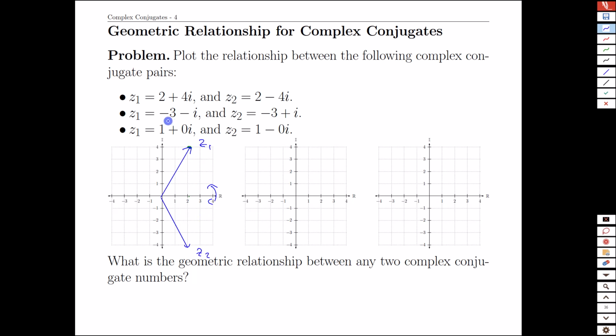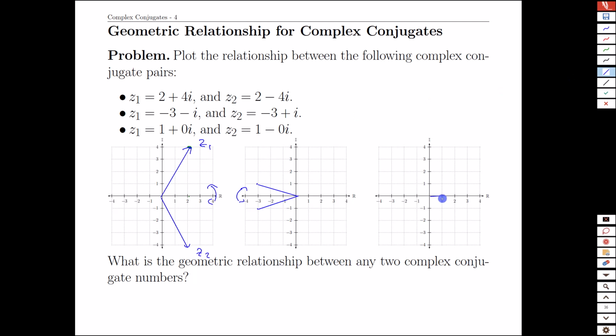And does that happen for all these cases? Of course it does, because we're only ever flipping the sign of the imaginary part. If we had negative 3 minus i, that would be down here, like so. And then minus 3 plus i, its matching partner, is again simply reflected across the real axis. And if we happen to have an all real value, like here, 1 plus 0i, well, that would be here.